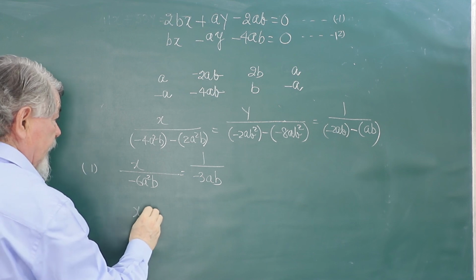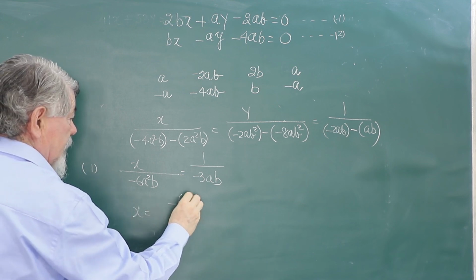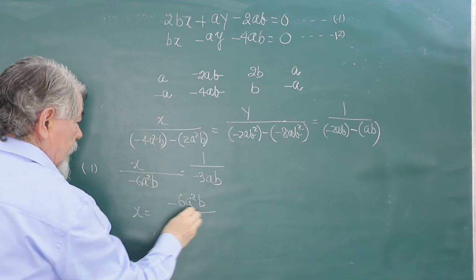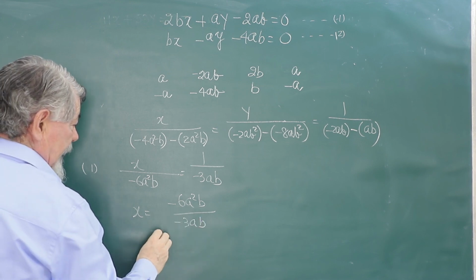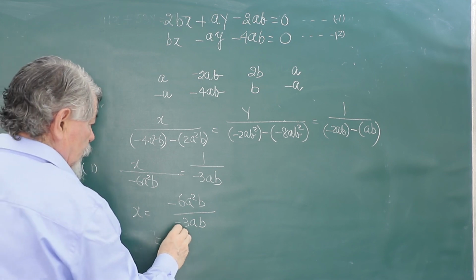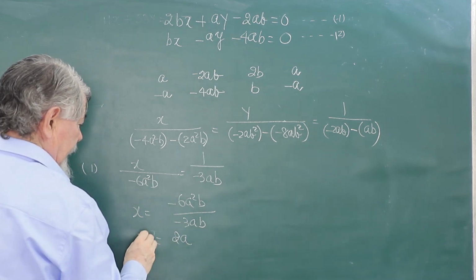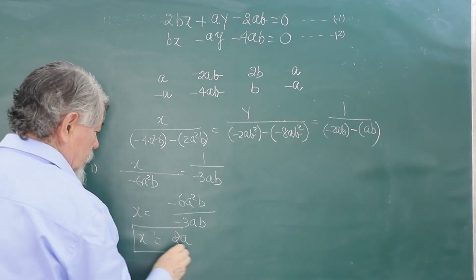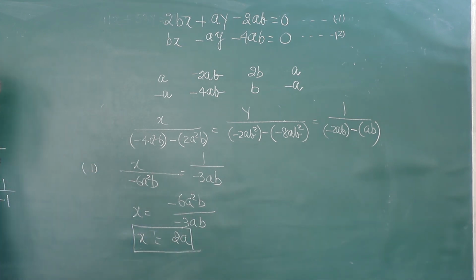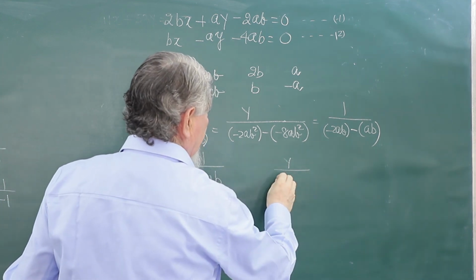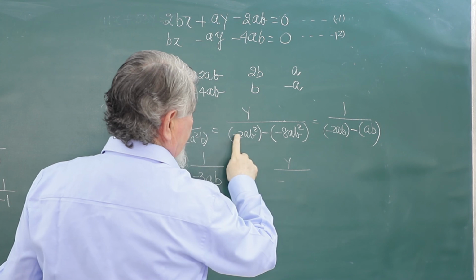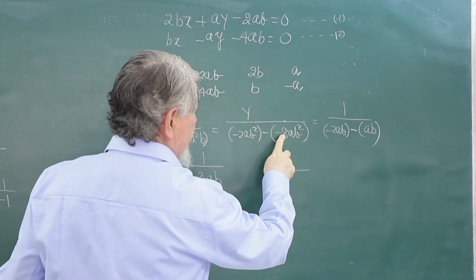So x will be equal to minus 6a square b upon minus 3ab. It will cancel with each other. X will be equal to 2a. And then y upon, it will be minus 2a square b plus 8ab square.